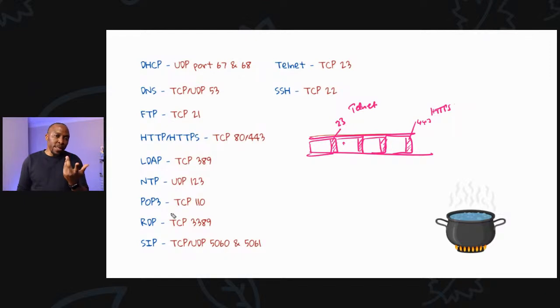So when we're looking at the OSI, we say that on the transport layer, the two predominant protocols are TCP and UDP. So our port numbers are either TCP or UDP based on whether they are connection oriented or connectionless.